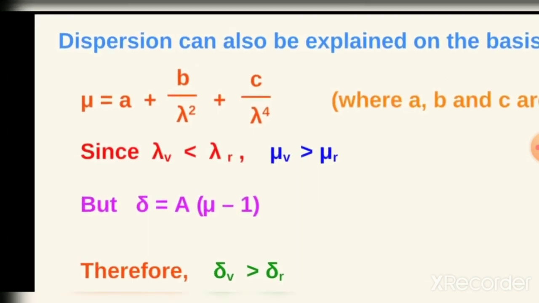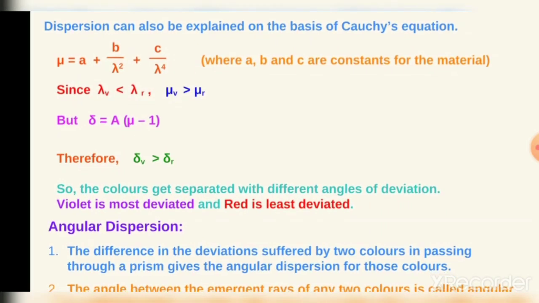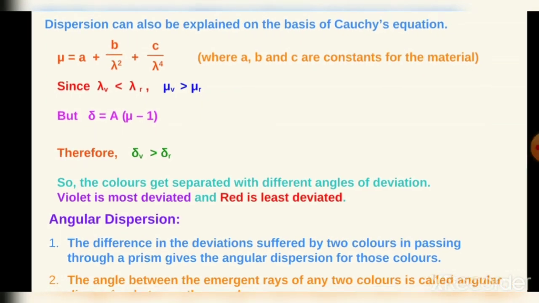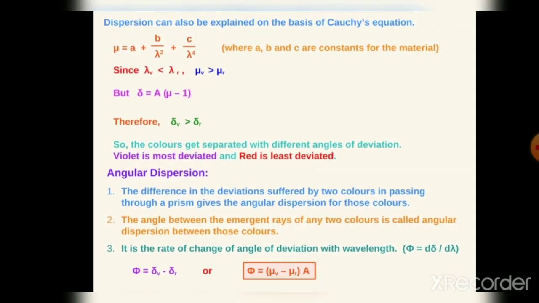The equation says that mu is equal to A plus B upon lambda squared plus C upon lambda raised to 4, where A, B, C are constants of the material. Since lambda V is less than lambda R, mu V is greater than mu R. But you know that delta is equal to (mu minus 1) A, therefore you can say that delta V is greater than delta R, so colors get separated with different angles of deviation. Violet is the most deviated and red is the least deviated.